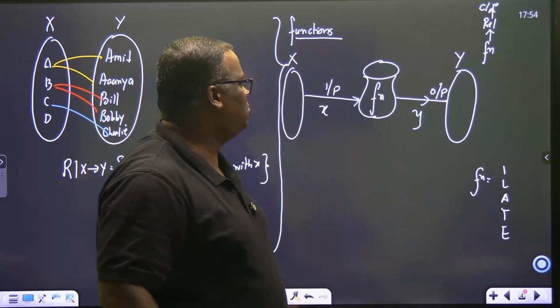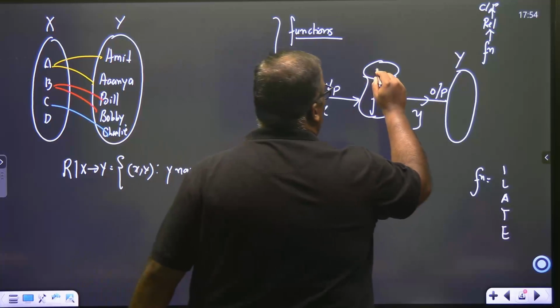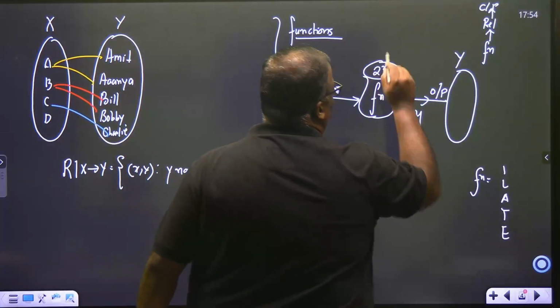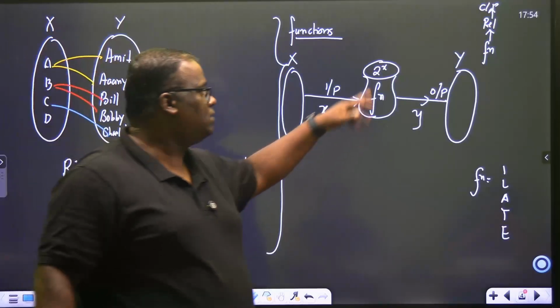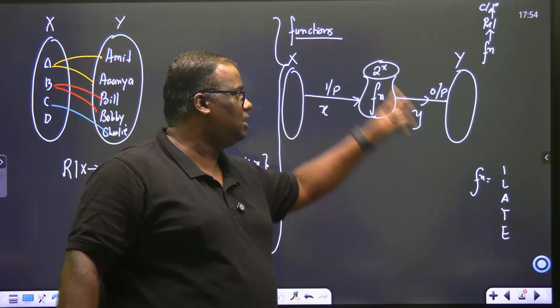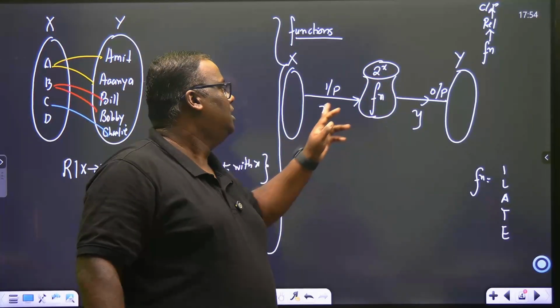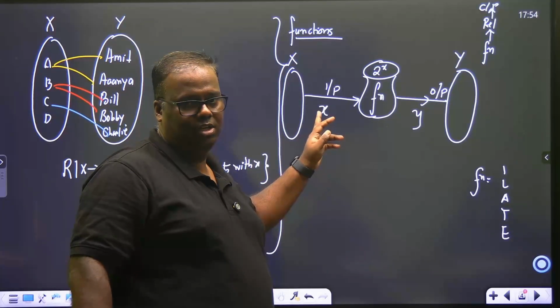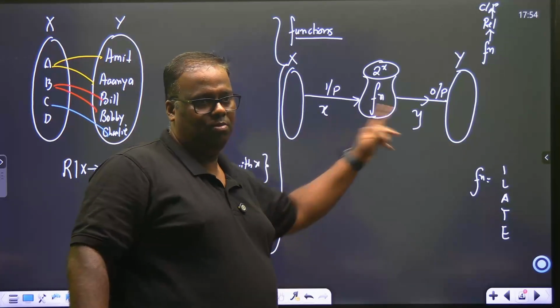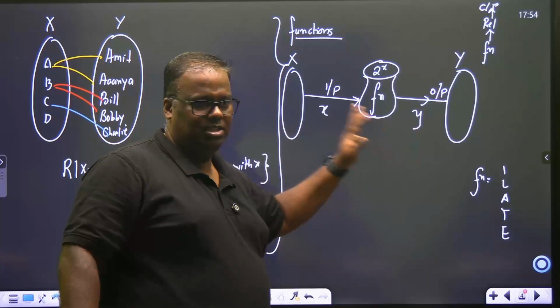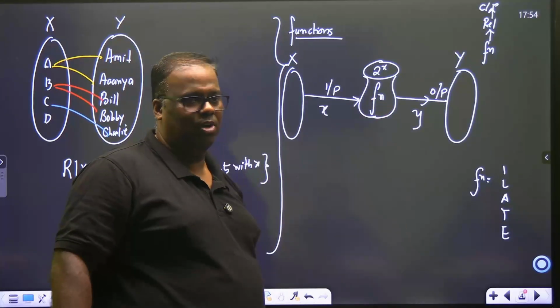So let's take a function, say 2 to the power x. Now this is not algebraic, this is an exponential function, 2 to the power x. So if you input 1 out here, it will give 2 out here. If you input 2, it will give you 4, right? This is a typical concept about a function.